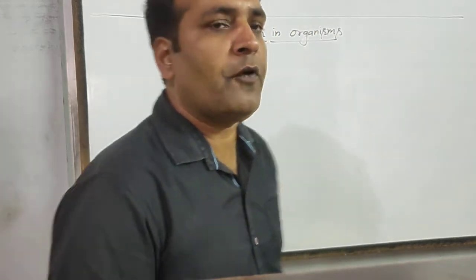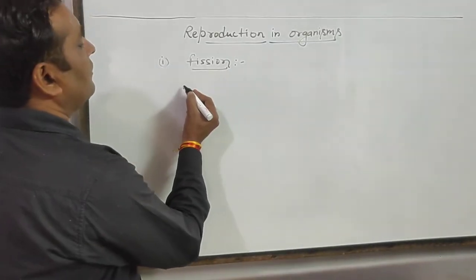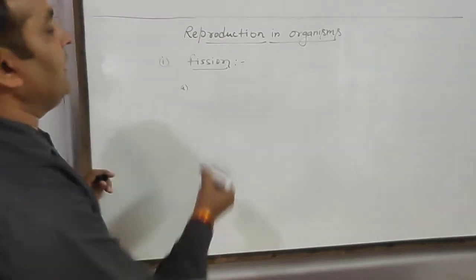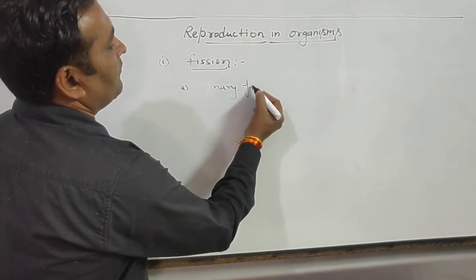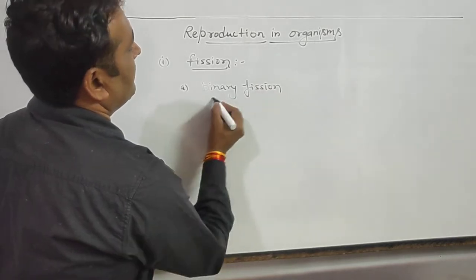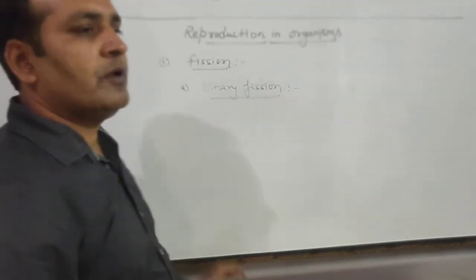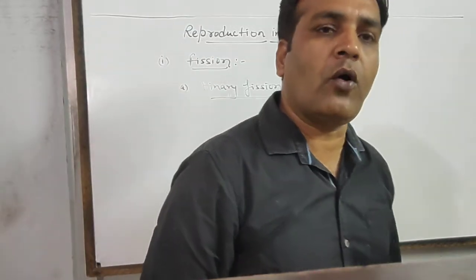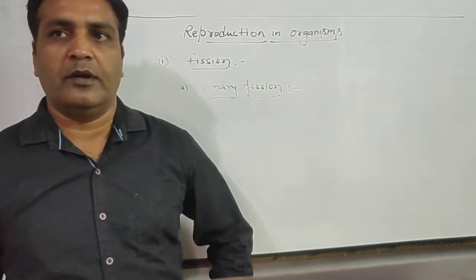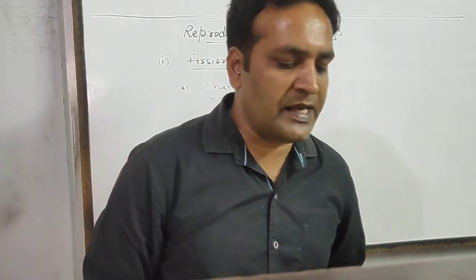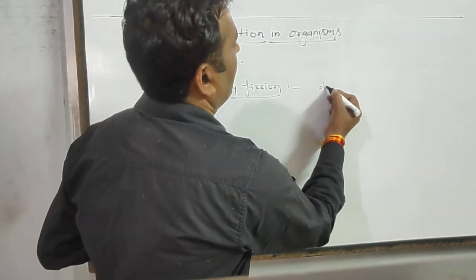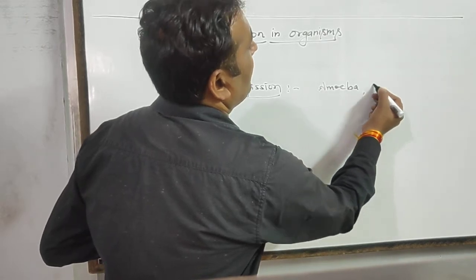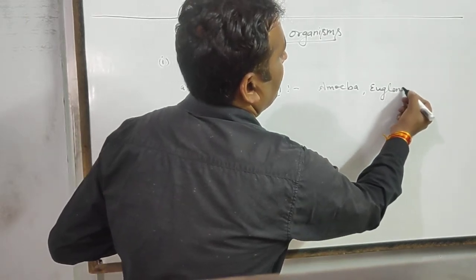If an organism divides into two, then it is called binary fission. Binary fission means the mode of fission in which an organism divides into two equal halves, as in amoeba, euglena, paramecium.